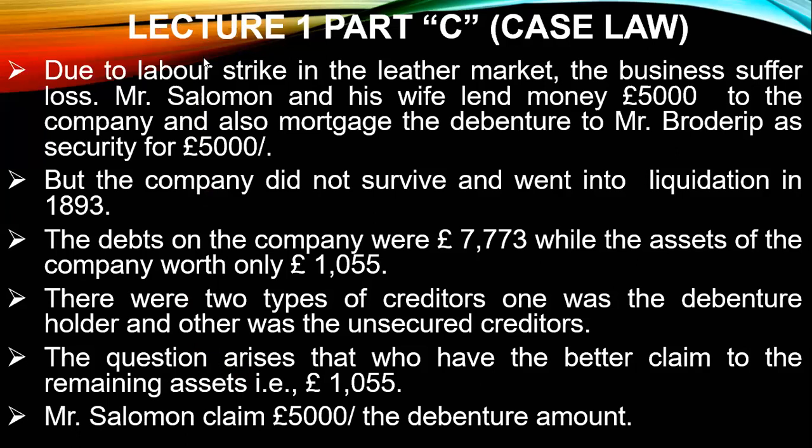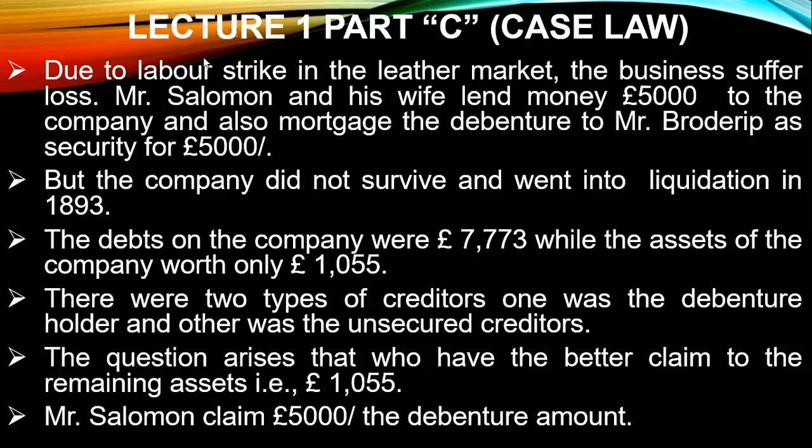Mr. Solomon and his wife lent 5,000 pounds to the company, and also mortgaged the debenture to Mr. Broderick as security for 5,000 pounds. In order to make the company survive, they gave the loan, but still the company did not survive and went into liquidation in 1893.